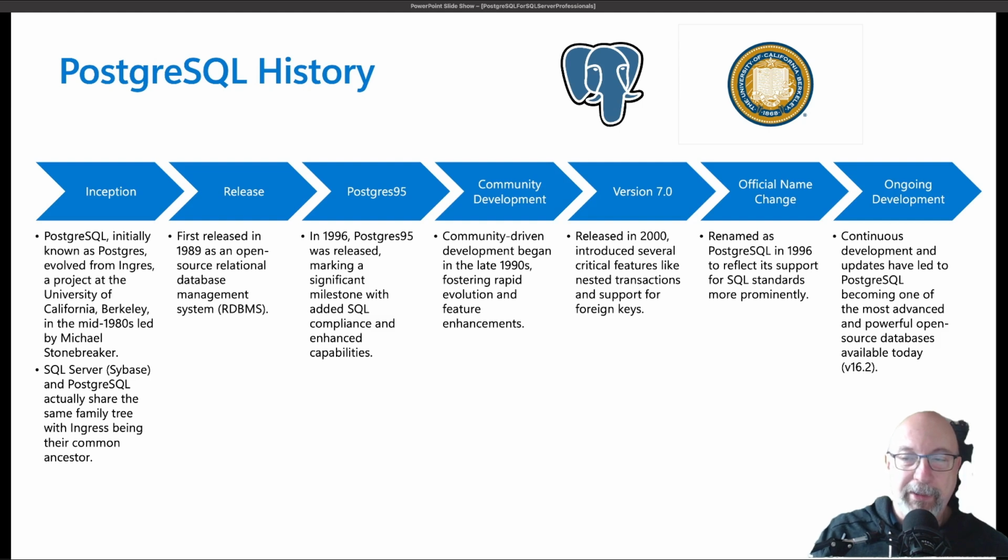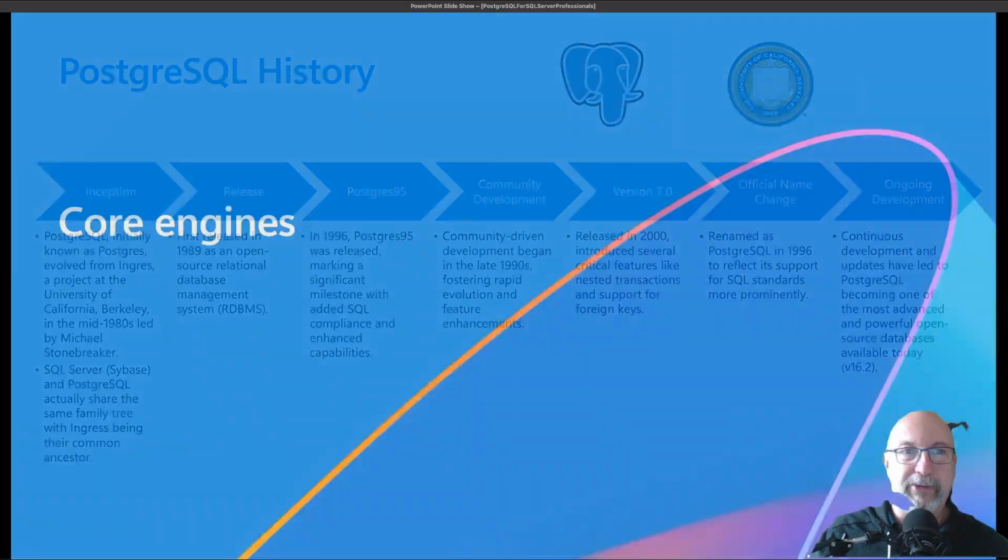Nowadays, we are at version 16, with 16.2 as the latest minor release. But version 17 is along the way and will debut later as the latest release.